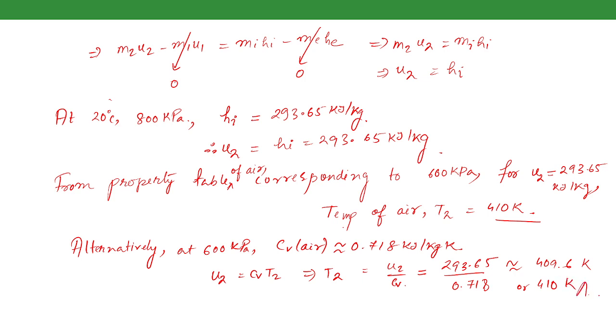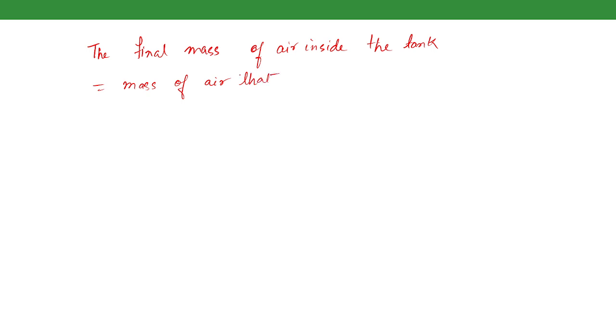Okay, so this is the final temperature of air inside the container, inside the tank. And what is the final mass of air? The final mass of air inside the tank is also equal to the mass of air that enters the tank.